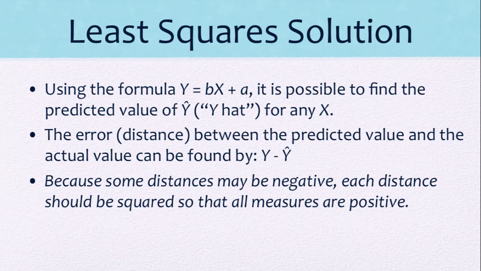And so the error or distance between the predicted value and the actual value can be found by y minus y hat. Because some distances may be negative, each distance should be squared so that all measures are positive. Otherwise, if you add the total distance between each predicted and actual value without squaring, you will always get 0.